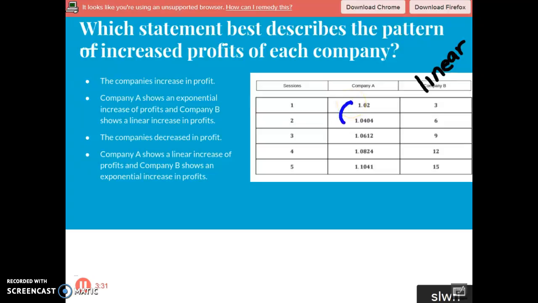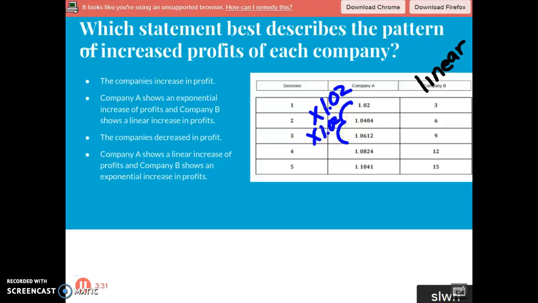From 1.02 to 1.0404 is times 1.02. From 1.0404 to 1.0612 is a times of 1.02.